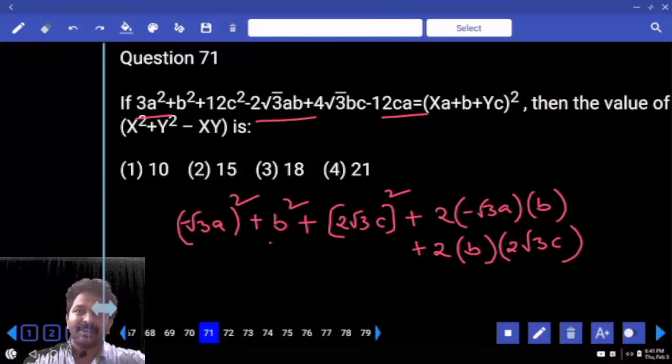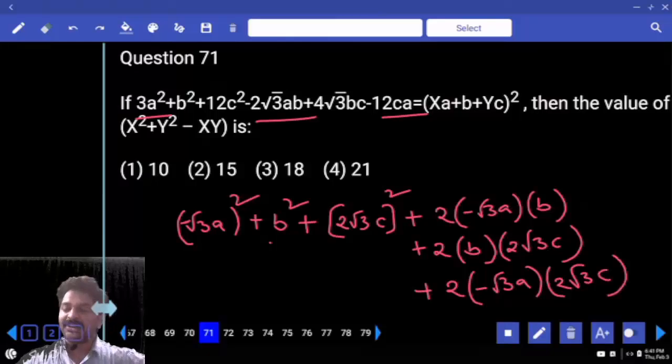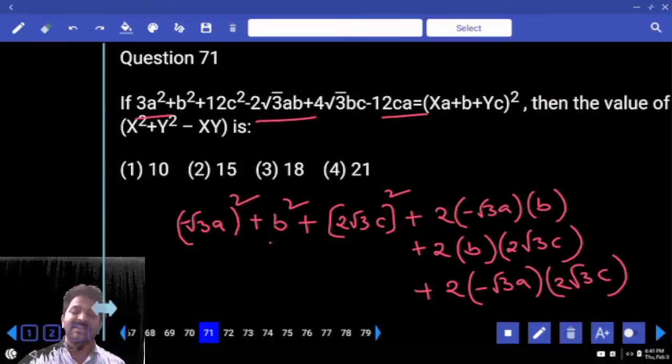4 √3 into bc plus 2ac, 2 into minus √3a into 2 √3c. √3 3 3 into 2 into 2 12 minus 12ac. సరిపోయింది కదా? రైట్. సో వాట్ ఈజ్ a value?